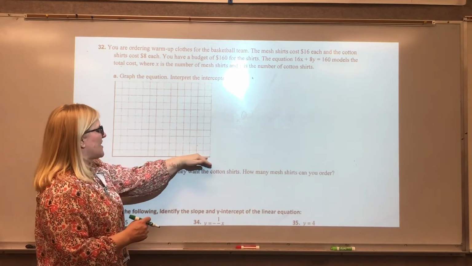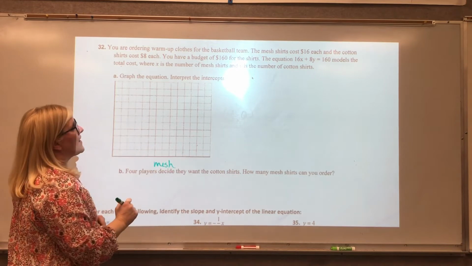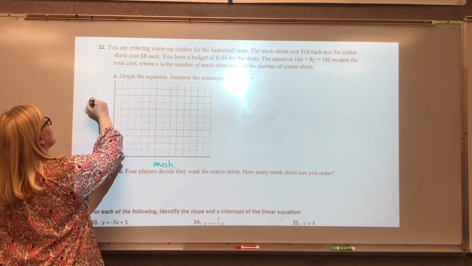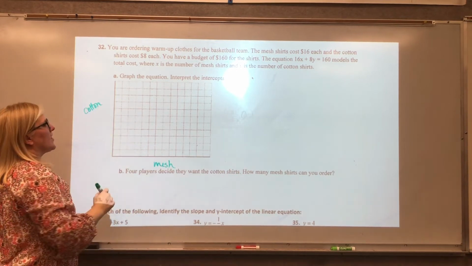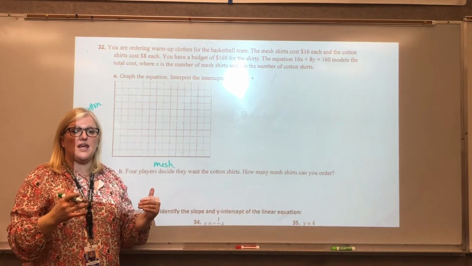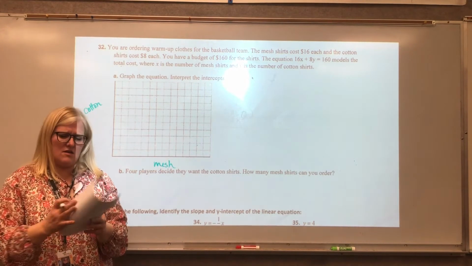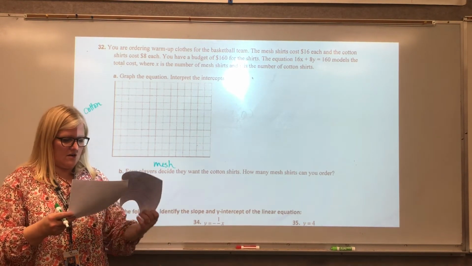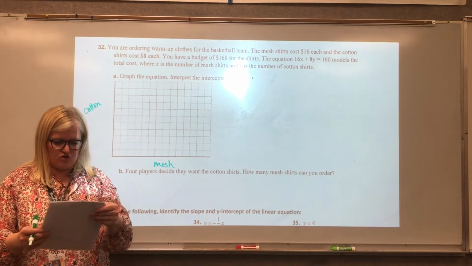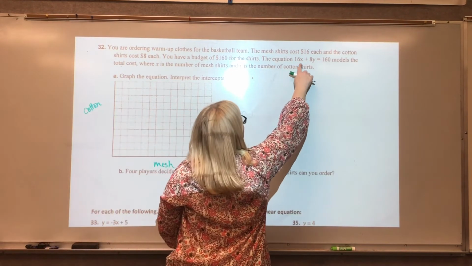So this is x, so this is mesh shirts down here, and y is the number of cotton shirts. And we're going to graph this to see what our options could be for the team. Okay, I counted by 2's. All right, so we're going to graph this.